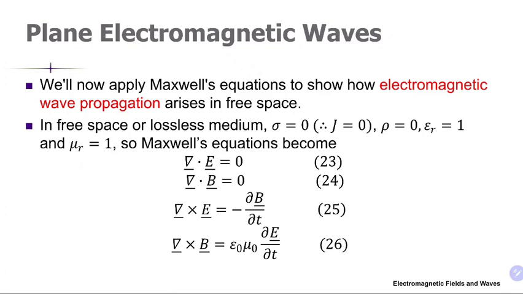And therefore from the first Maxwell equation, originally the divergence of the electric field is equal to the charge density, but we said that in free space the charge density equals 0, and therefore the divergence of the electric field is also equal to 0. And then the fourth Maxwell equation, the curl of the magnetic flux density will be equal to epsilon naught mu naught del E over del t.